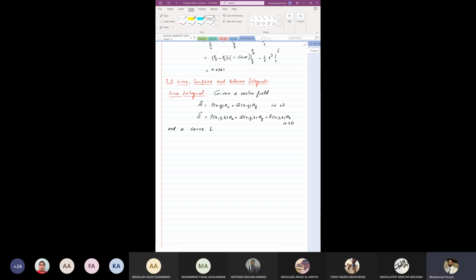then the line integral is defined as integral over L, A, this vector field A, and dl.